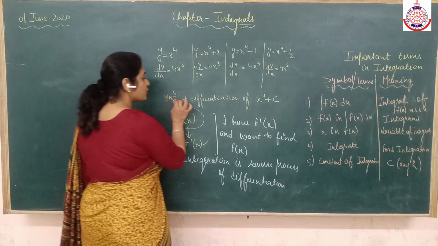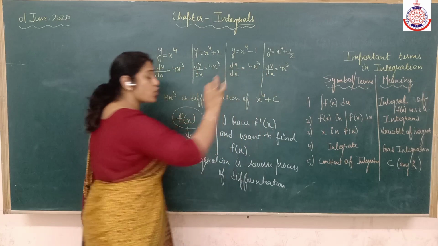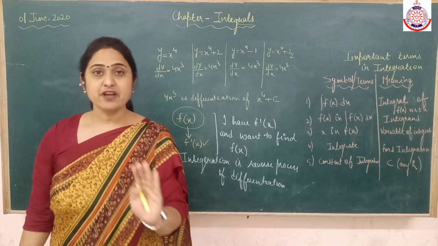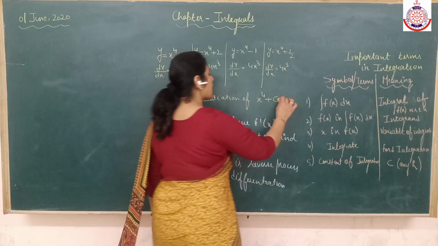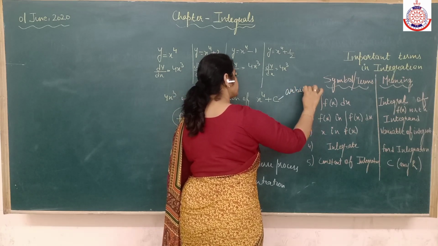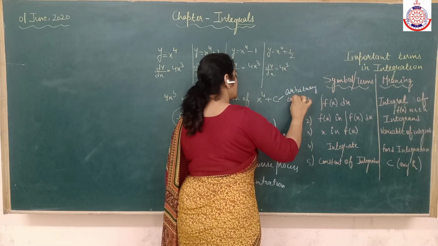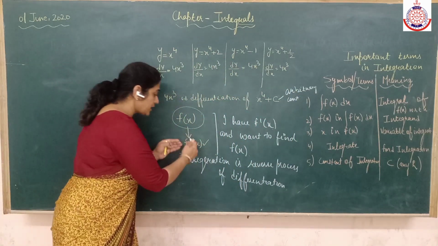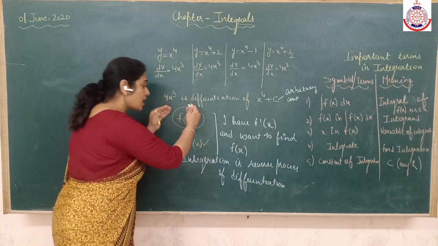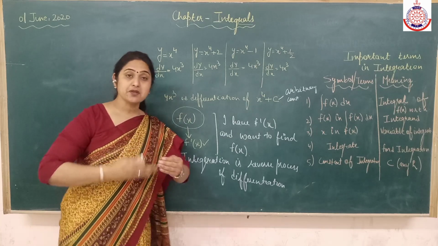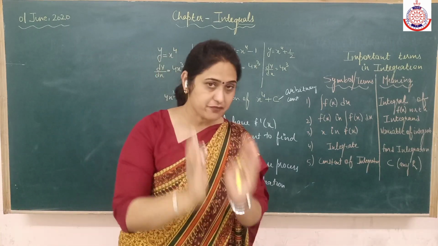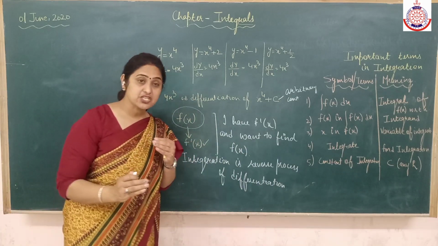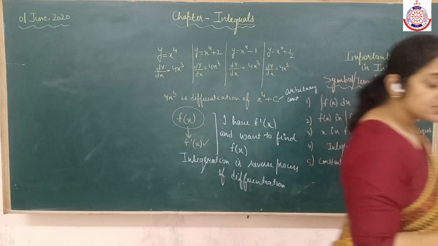And we observe that 4x cubed is the differentiation of all the functions of the type x raised to power 4 plus C, where C is an arbitrary constant. So in integration we are given f dash x and we have to find the function. That means we are doing the reverse of what we did in differentiation. Integration is the reverse process of differentiation.